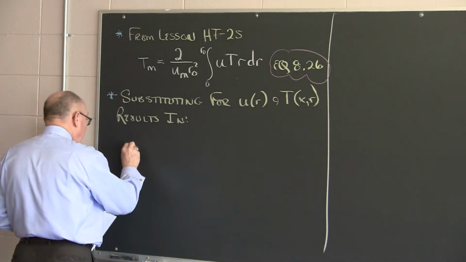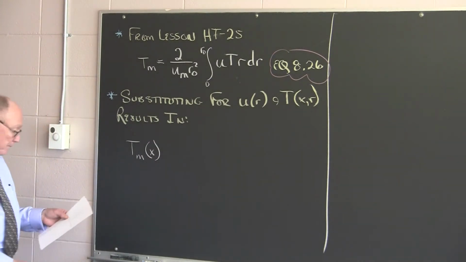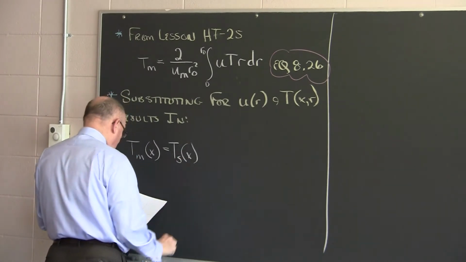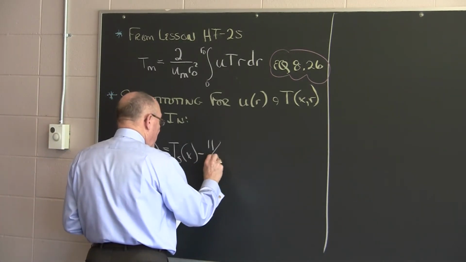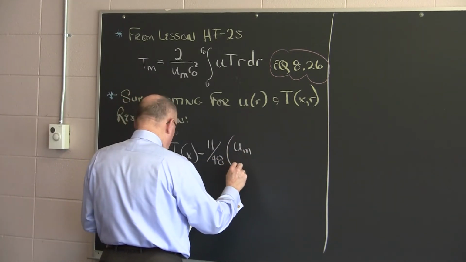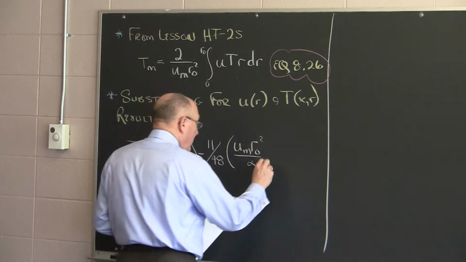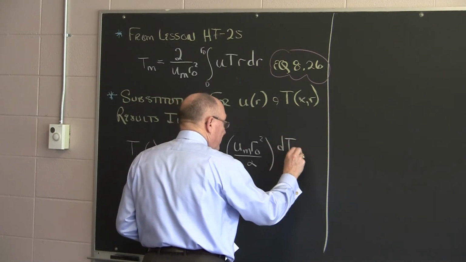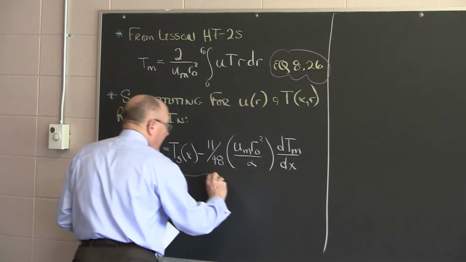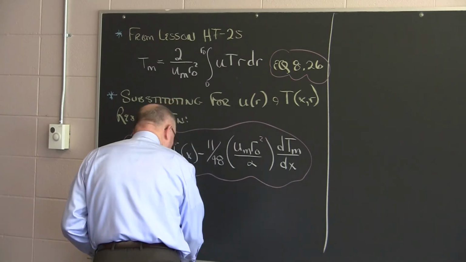And that is Tm, which is a function of x only, we already know, is equal to Ts, a function of x only, minus 11/48 times r sub 0 squared over alpha times the change of the mean temperature with respect to x. And this is equation 8.51.